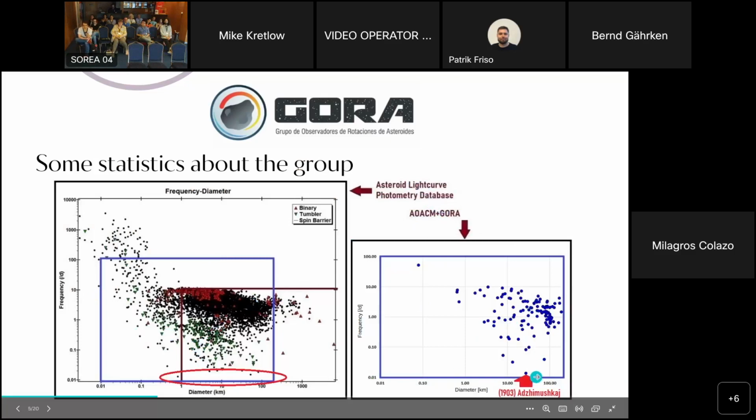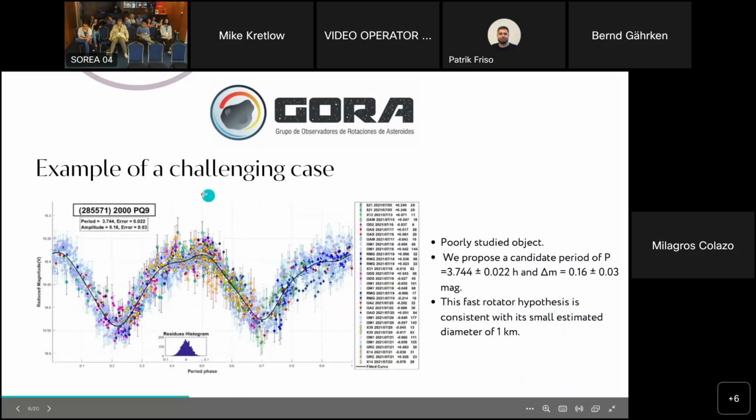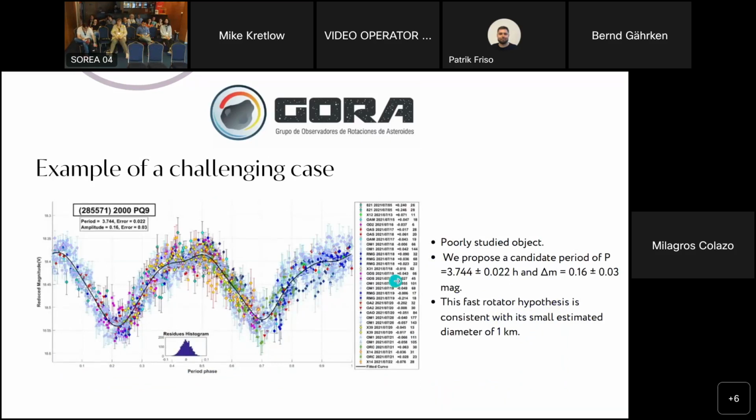1093, 903 Azimuth, which is maybe one of the slowest asteroids that we have ever measured as a scientific community. So we are looking for some challenging cases. And one of them also is 2000 PQ9, which was a very poorly studied object.